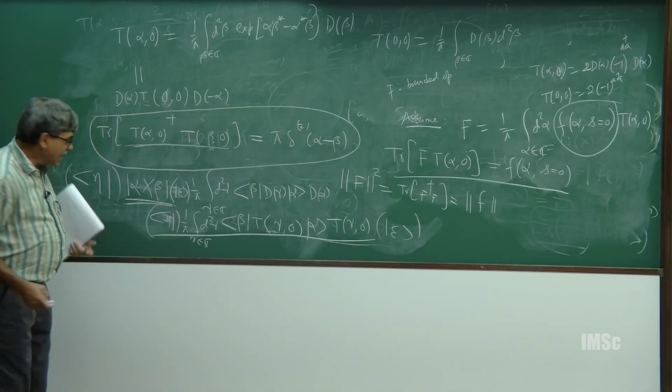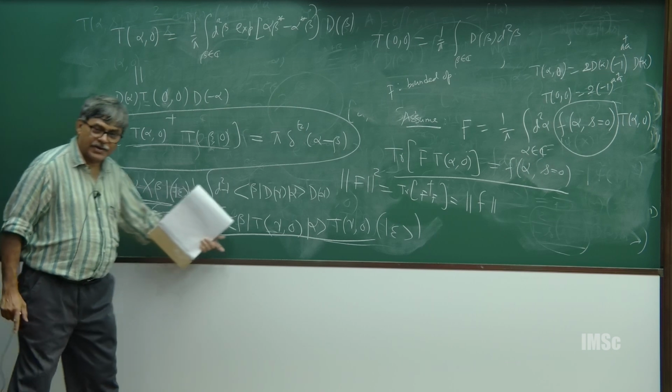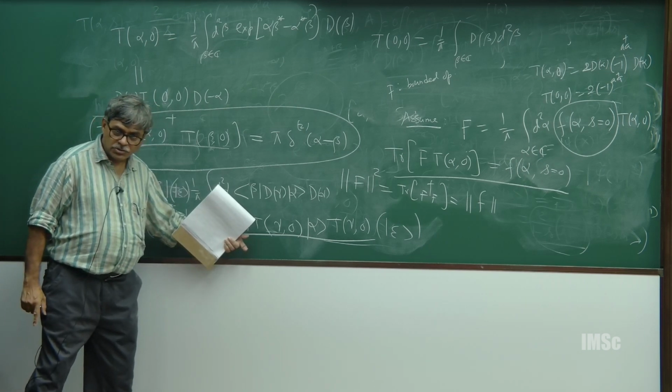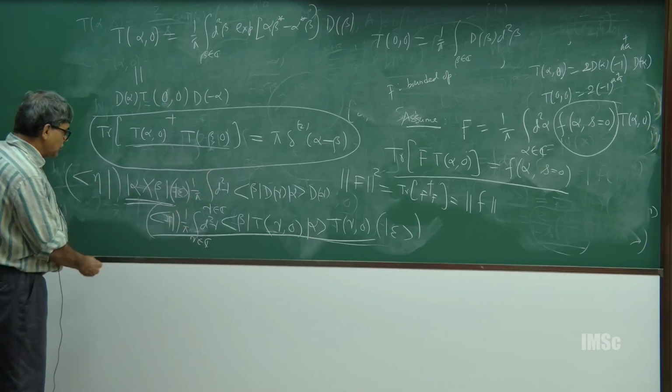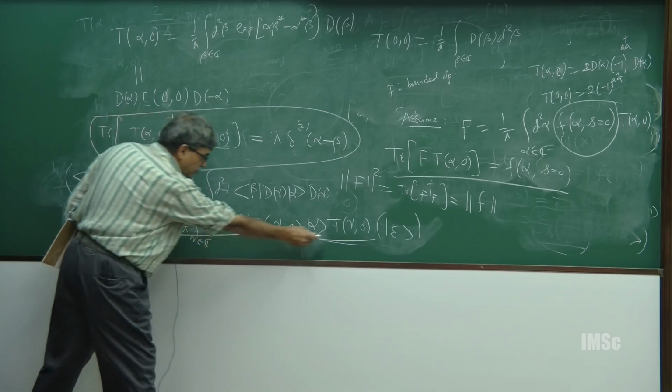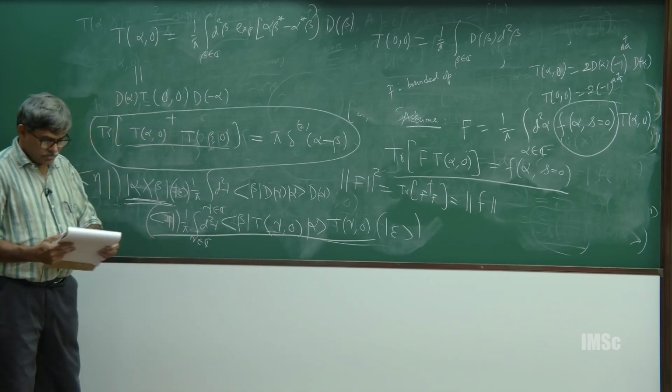What you should prove is that this left hand side is equal to right hand side for arbitrary eta and epsilon. Then of course, this will show that this operator is equal to this operator. Okay.